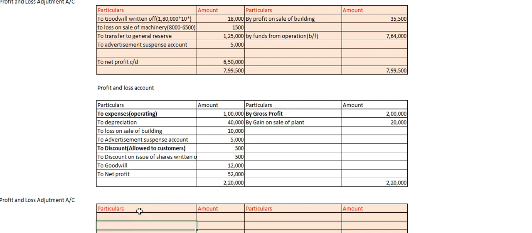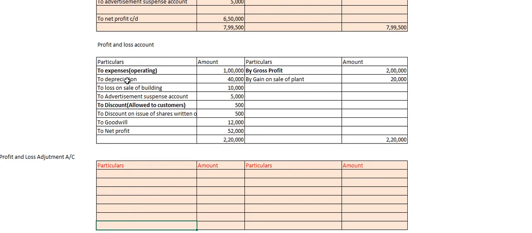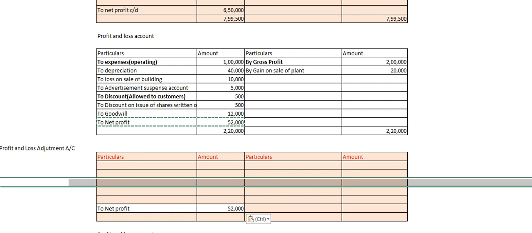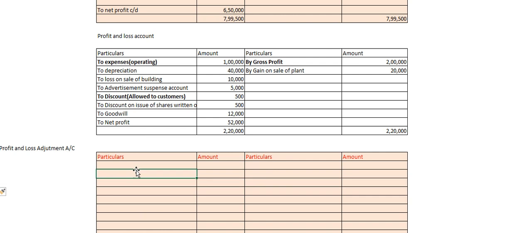So we'll start ahead. First we'll start with the net profit. So to net profit carried down, so the amount is given.